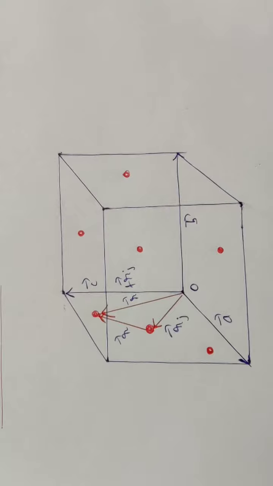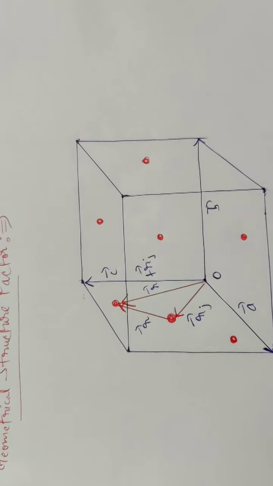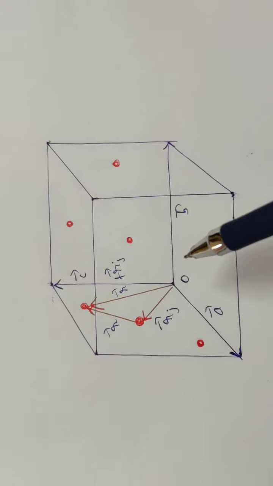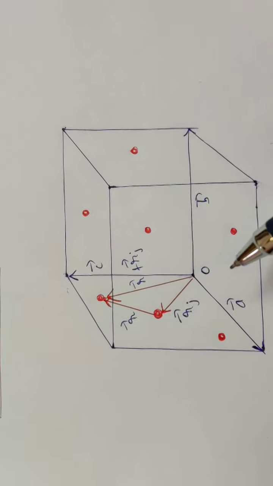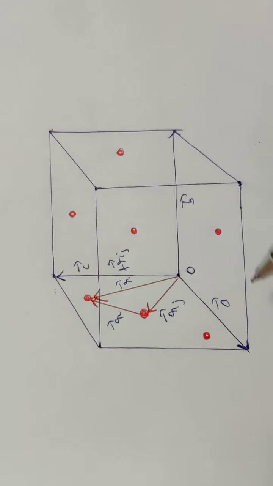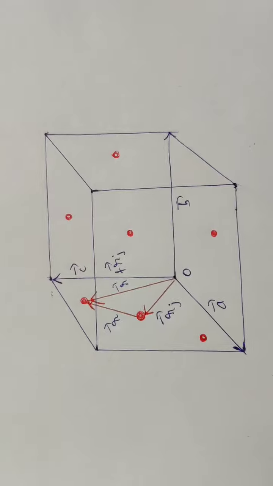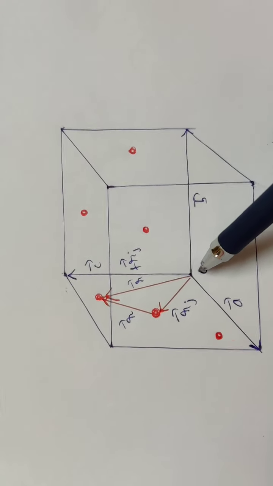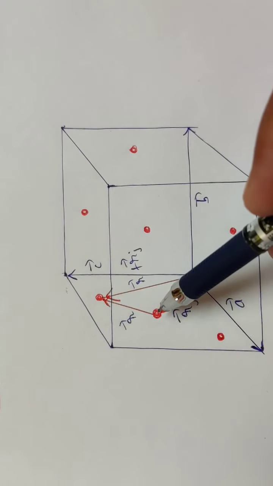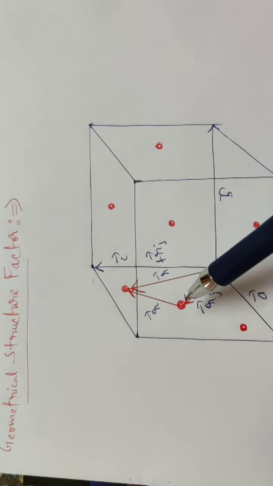To derive the geometrical structure factor, we consider a unit cell. Suppose this is a cubic unit cell, and let this unit cell have n number of atoms. Within the n atoms we take an origin, and from the origin we take the jth atom of the n atoms.